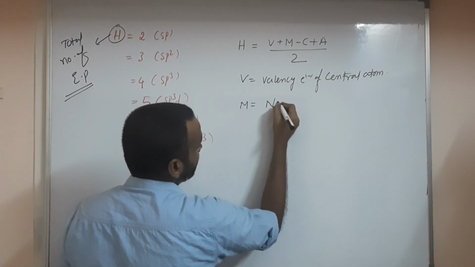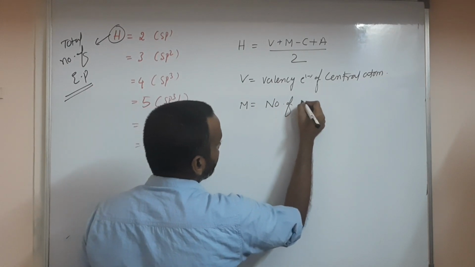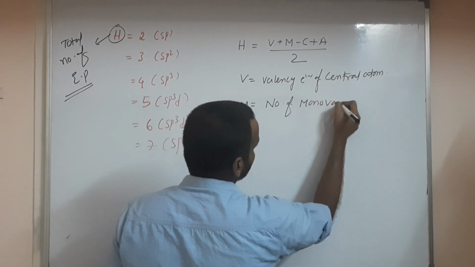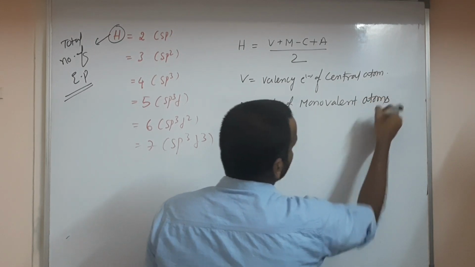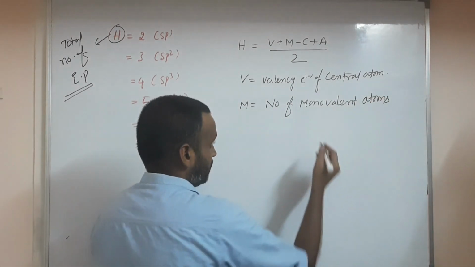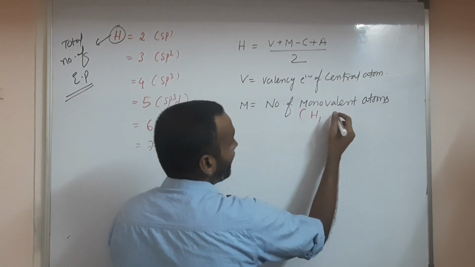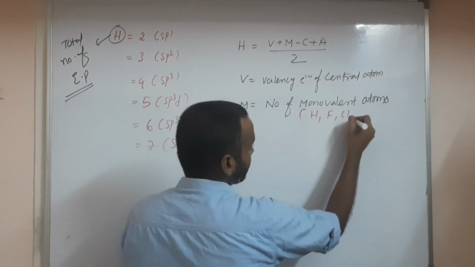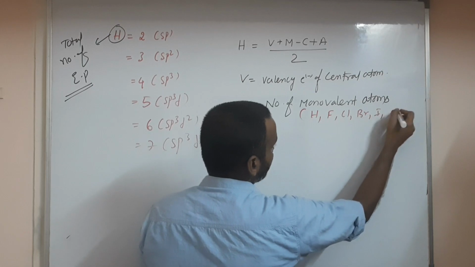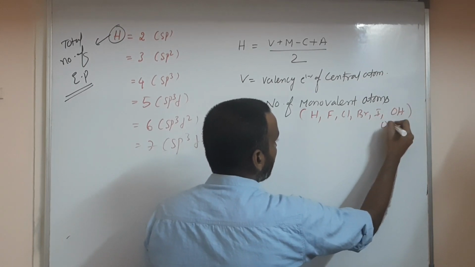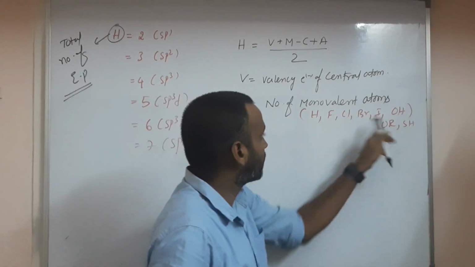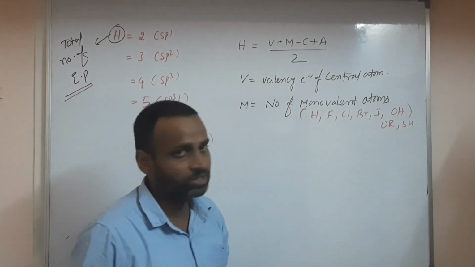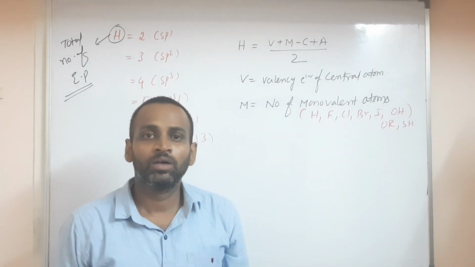M means the number of monovalent atoms. Monovalent means single bonded atoms. Examples: hydrogen, fluorine, chlorine, bromine, iodine, OH, OR, SH. These groups, halogens and hydrogen are monovalent.